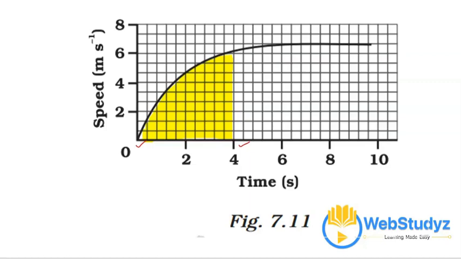So we will shade it. Now we have to find the distance. Now let us calculate the distance. The time axis t is equal to 0 and t is equal to 4 seconds will yield us the distance.